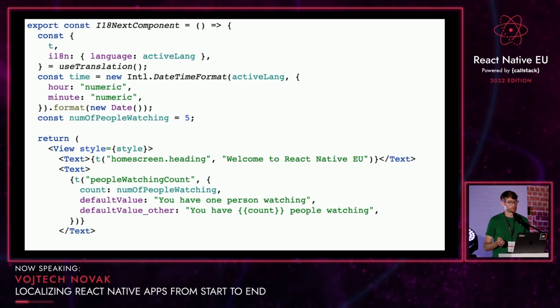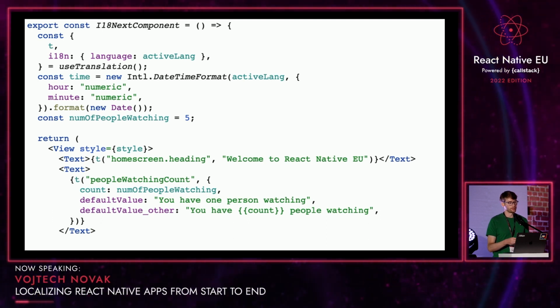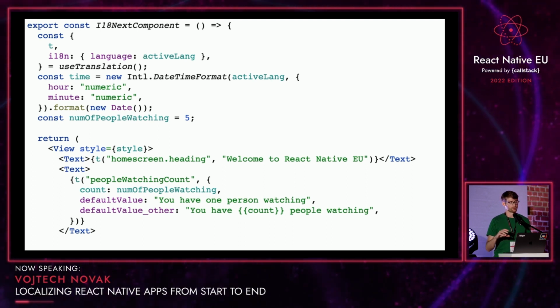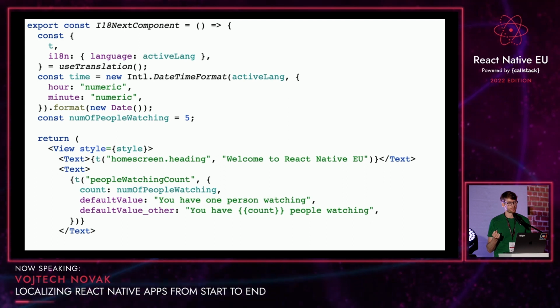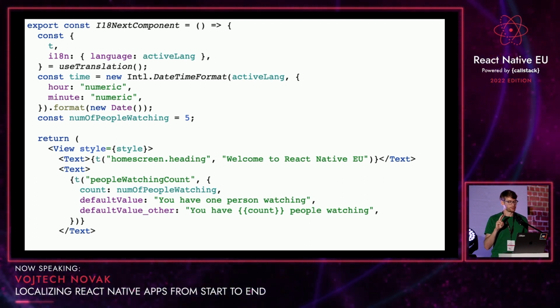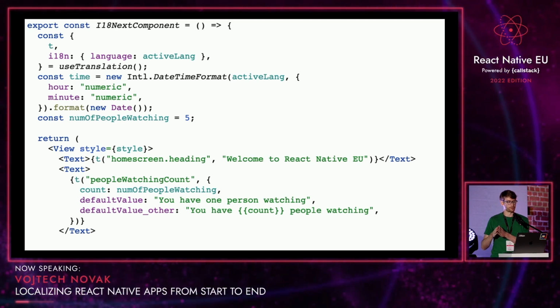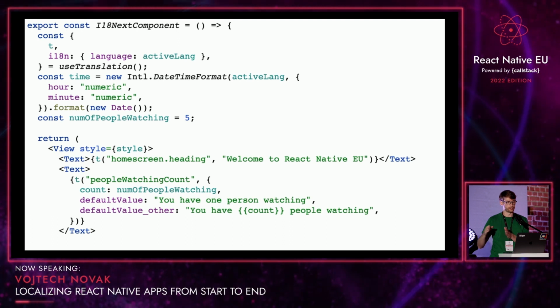The next example is the plural. And here you'll notice it looks quite a bit different from FBT. Again, depending on if it's one person or some different number of people watching, it's going to render one of those translations. But you'll see here that there are two differences. One is that the sentences here are written out in their entirety.